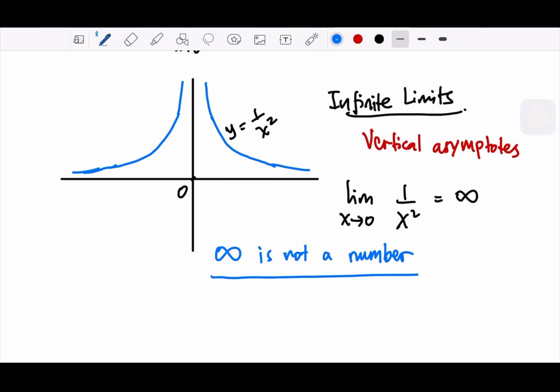Infinity is not a number. It's an idea, an abstract. So you cannot take this as your number. This is just to show that there is some large number that you are not able to count on. Okay?